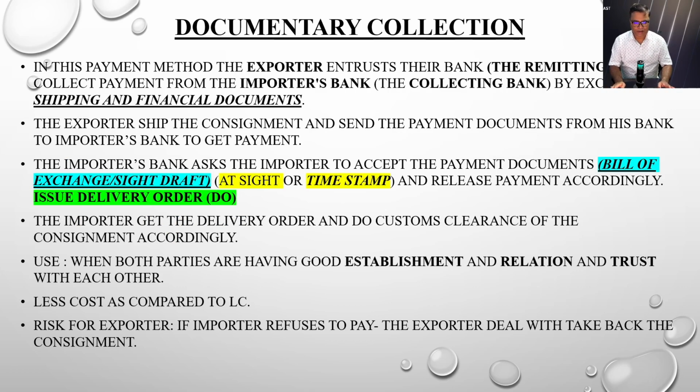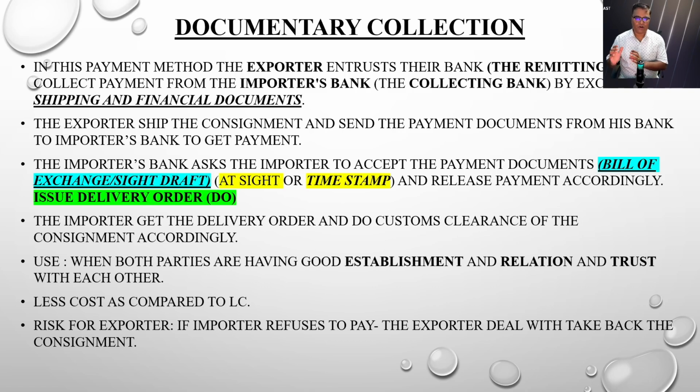Next, we will see the other payment term, which is documentary collection. This is also a very prevalent payment method in forex trade. In this, what happens? The exporter entrusts their bank, which we can call the remitting bank, to collect payment from the importer's bank, which we can call the collecting bank, by exchanging shipping and financial documents.